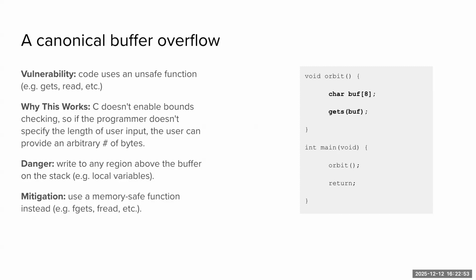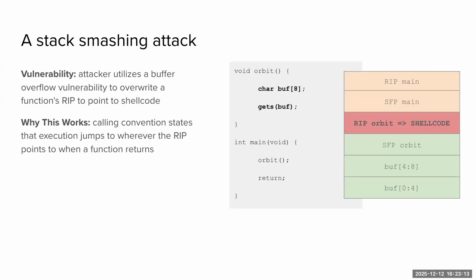But if we're allowed to overwrite more than 8 bytes, we can start overwriting things that are above buff in the stack frame. And if you recall from the calling convention slides, the things that are above where our local variables are are the SFP and the RIP. Those are things that we saved on the stack that we expect to be the same when we come back. But when those change, there can be some dangers, right? In this case, we can modify the RIP to be the address of shellcode.